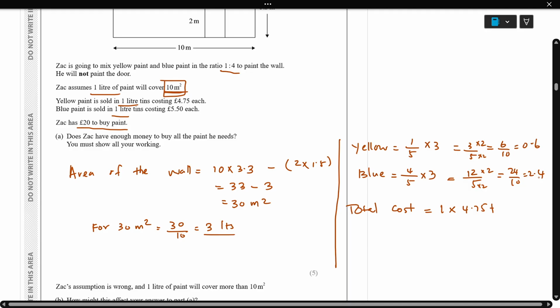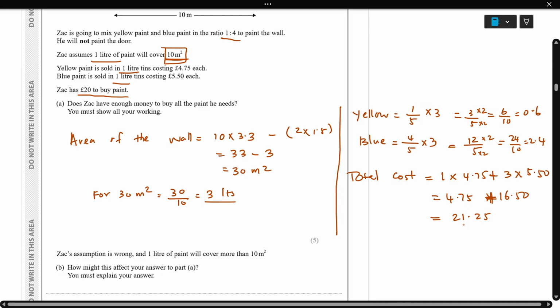We need 2.4, which means at least we need to buy 3 tins, so we go with 3 times 5.50. So 5.50 times 3 is 16.50. Then we add both, and we get 21.25, because 16 plus 4 is 20, then 21.25. So this is the amount.